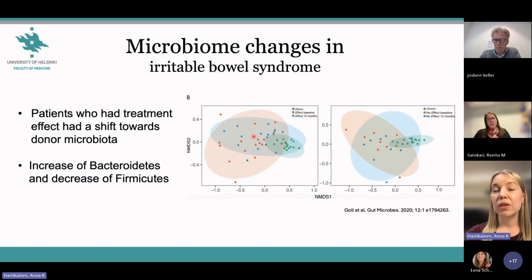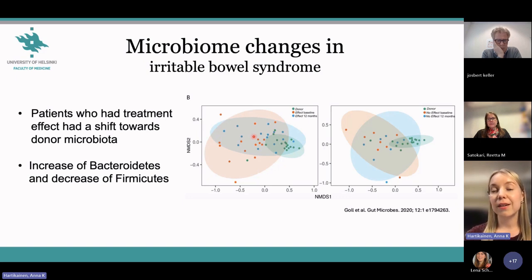Okay, then with irritable bowel syndrome, it's trickier because that is a more multifactorial disease, and also the clinical trial outcomes have been more variable. Also, the microbiome changes have been more variable.